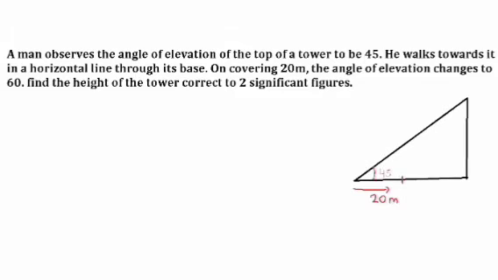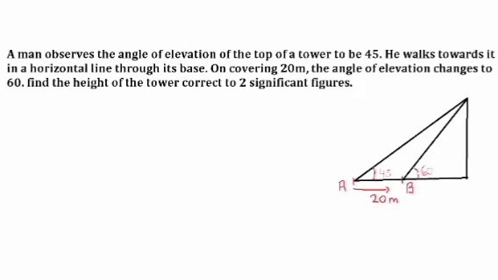Let us take that he was at point A, now he is at point B. So the distance between A and B is 20 meters, and then the angle of elevation changes to 60 degrees. From here, if I make a triangle, this angle of elevation will be 60.